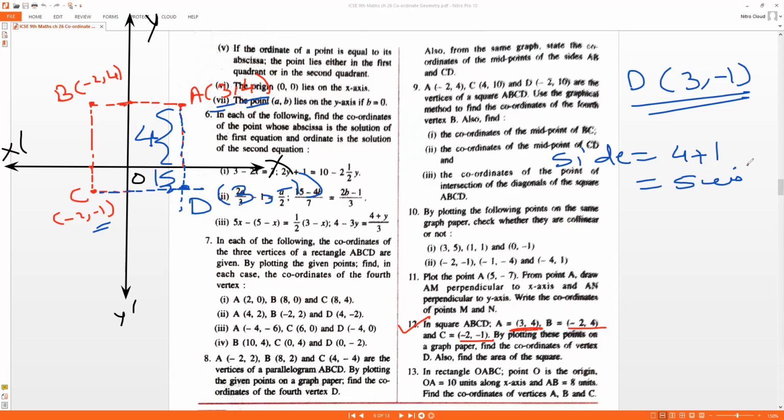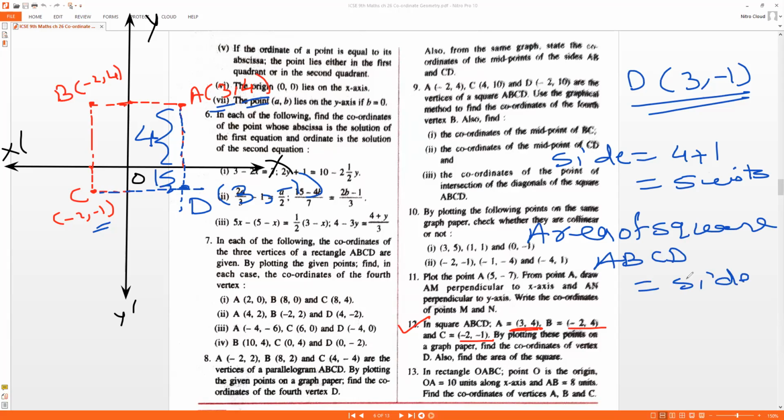We don't know whether it is centimeter, so it's better to write units. 25 units area, yes. So what is the area of square ABCD? Side square, which is 5 square, which is 25.